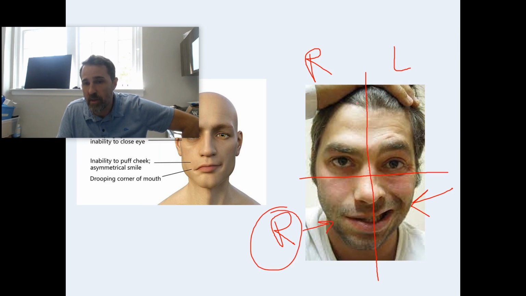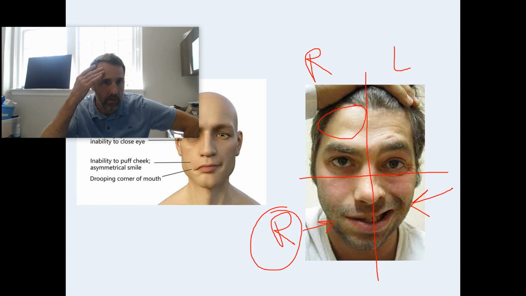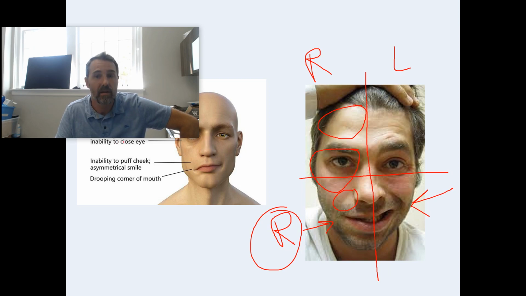And also notice that there's not any wrinkles on this side of his forehead, indicating there's not any muscles contracting over here, so that would indicate hypotonia. And there are fewer wrinkles around the eye. And this facial crease is much less than the opposite side, all indicating right facial nerve damage.